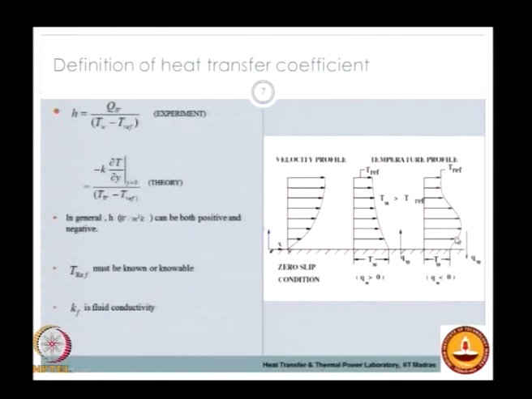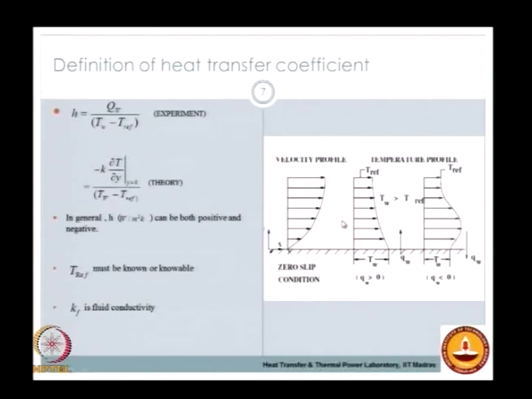So if you now take the temperature gradient, you find that at the wall dT by dy is actually positive with y, whereas in the denominator your T infinity is still less than your T wall. So therefore the denominator is positive and the numerator will be negative.